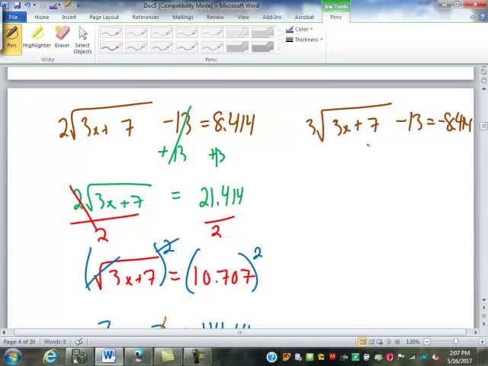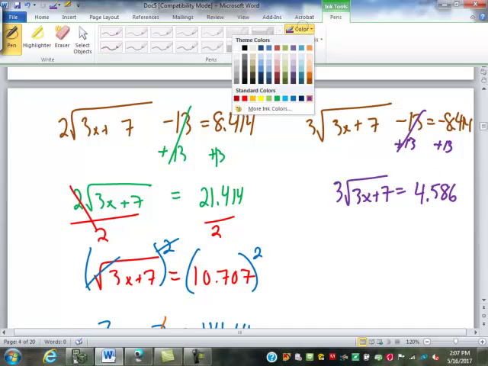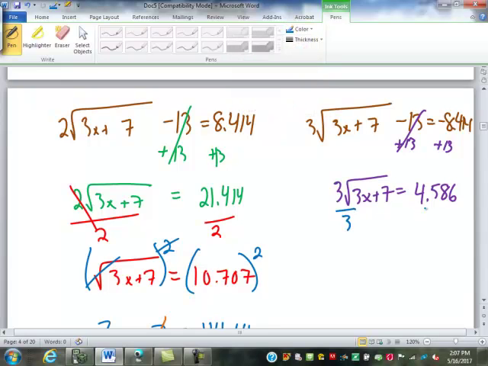Going back over here, I've got to add the 13. So 3 times the square root of 3x plus 7 equals, that's a positive 4.586. Dividing by 3. The square root of 3x plus 7 equals 1.529.